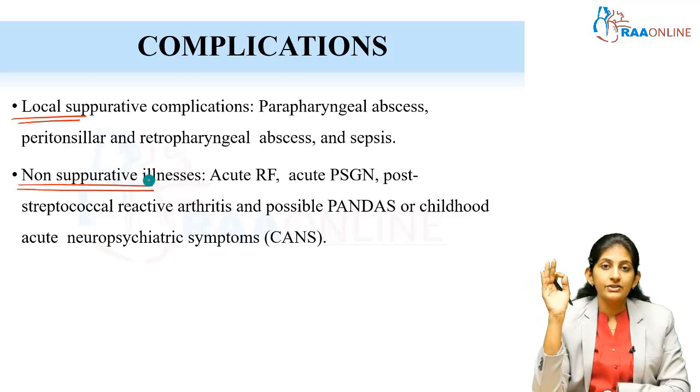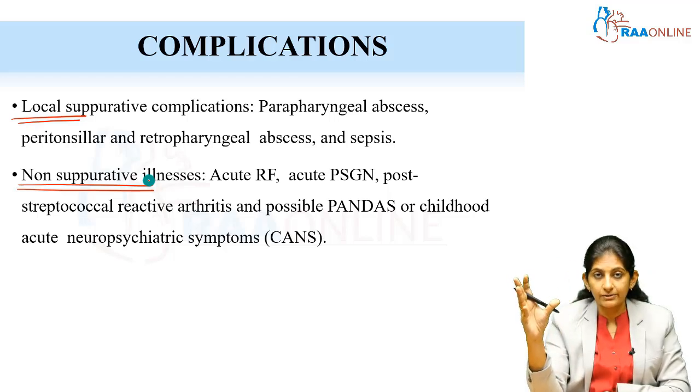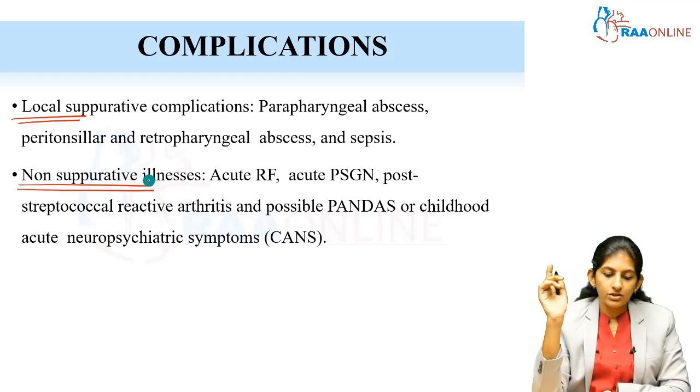So a high index of suspicion is needed when you think of these infections, and very, very prompt management is necessary. It can spread into the parapharyngeal space, retropharyngeal space, and can even cause sepsis.